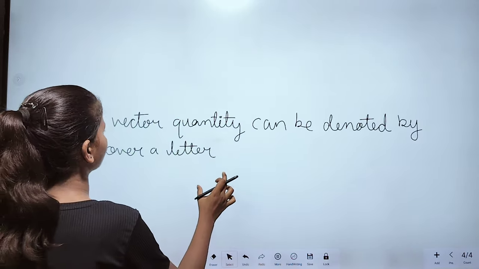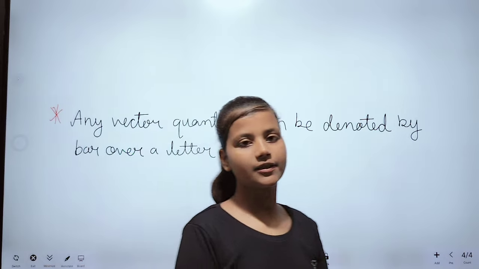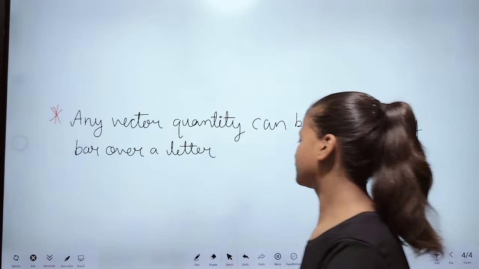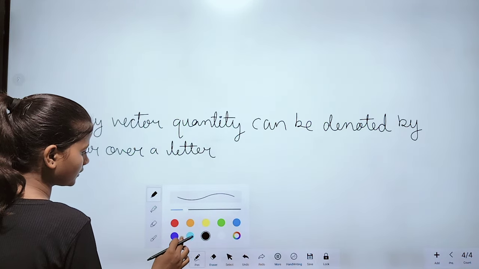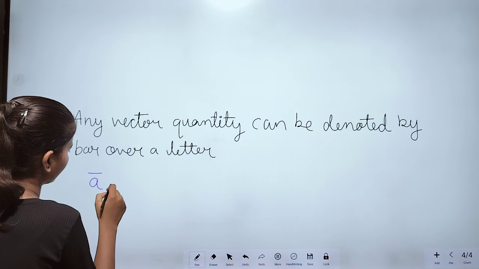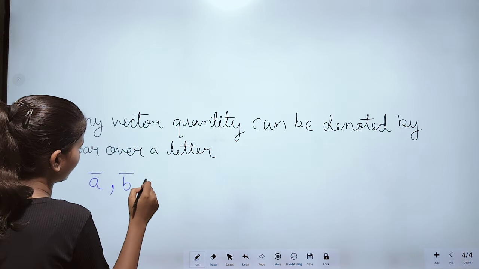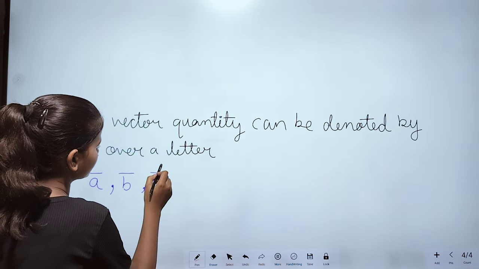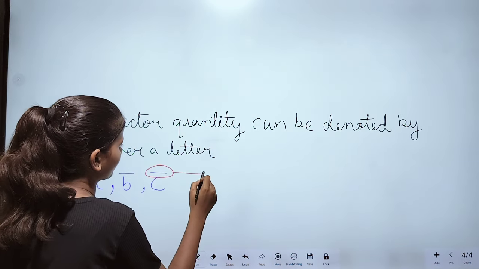So this is our next point, that any vector quantity can be denoted by a bar over a letter. Okay, bar like this: A vector, B vector, C vector. This one is what? Bar.